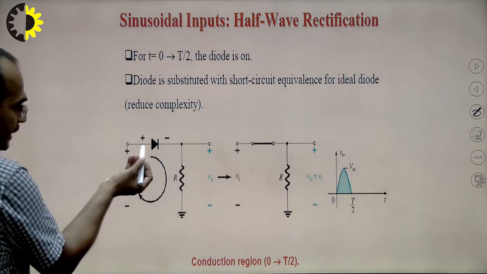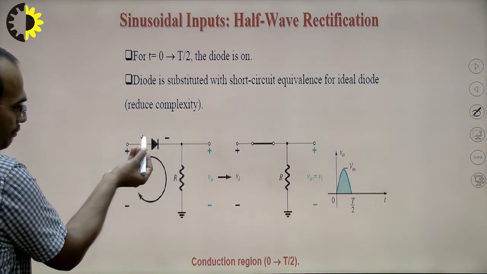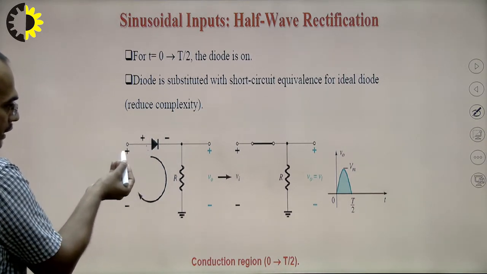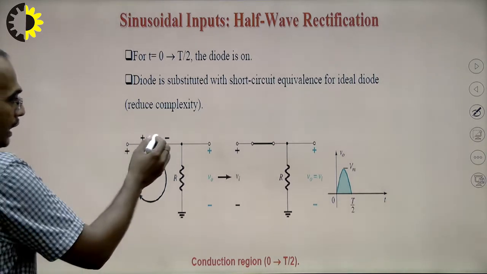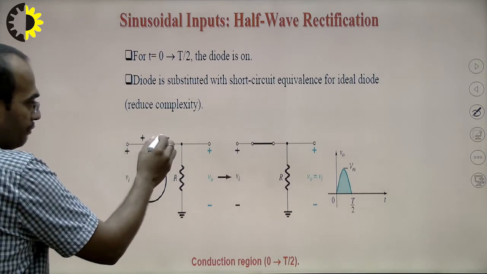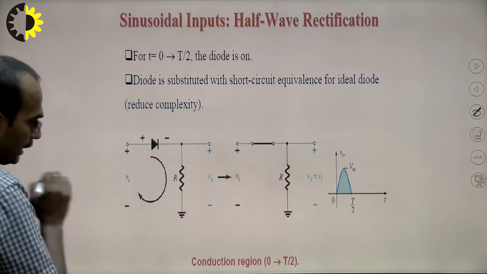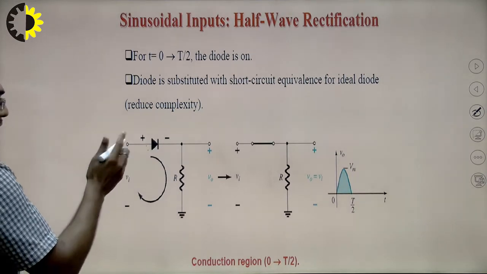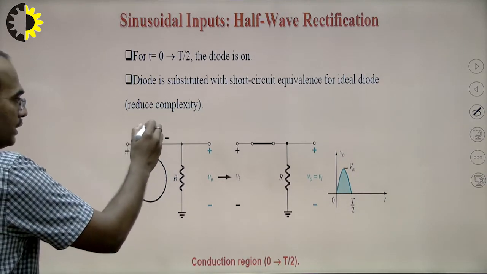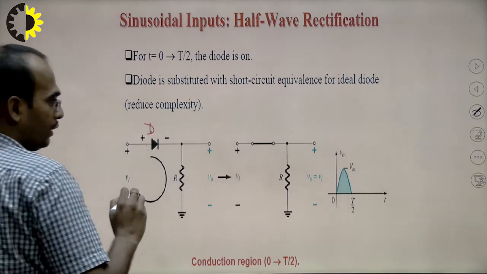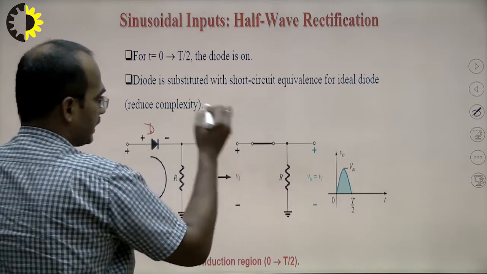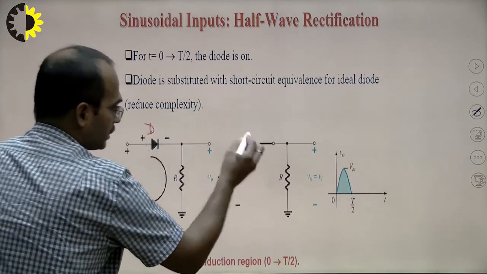So the P side of the PN junction diode is connected to the positive terminal of the battery, and the N side of the PN junction diode is connected to the negative terminal of the battery. Here I have considered that this diode is an ideal diode, and if it is ideal, then it will behave as a short circuit.